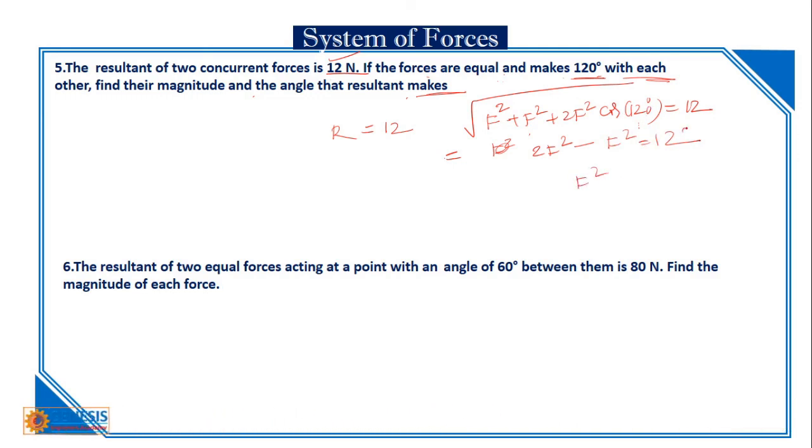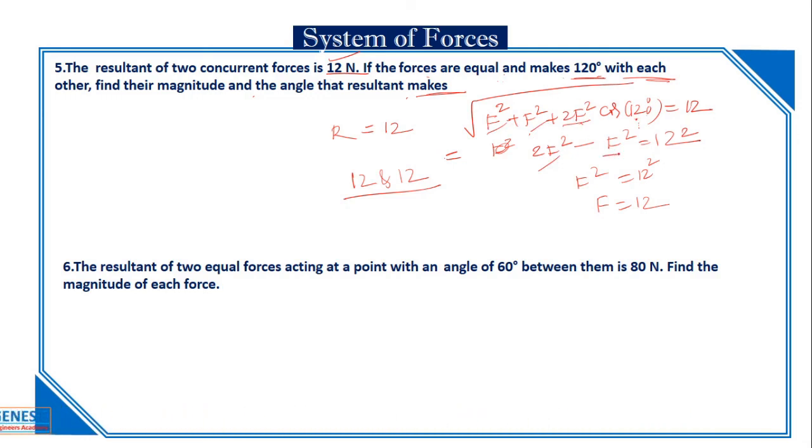So the two forces are equal, 12 and 12. Am I right or not? This is F square plus F square minus 2F square into cos 120, that is one by two and it is a negative value.